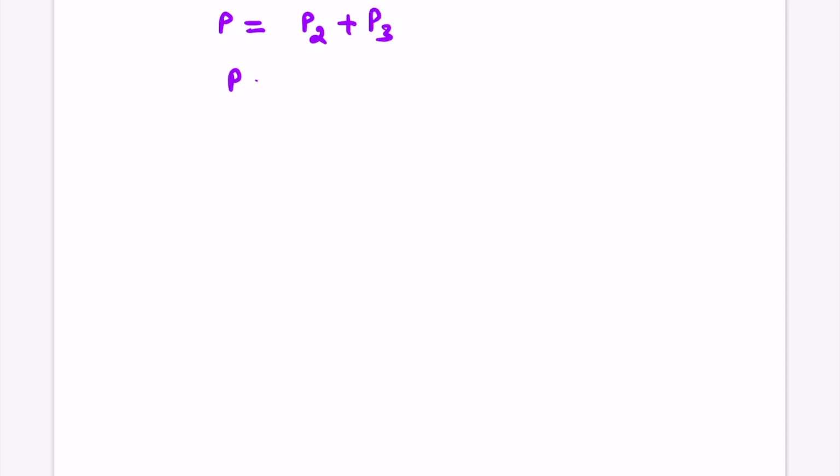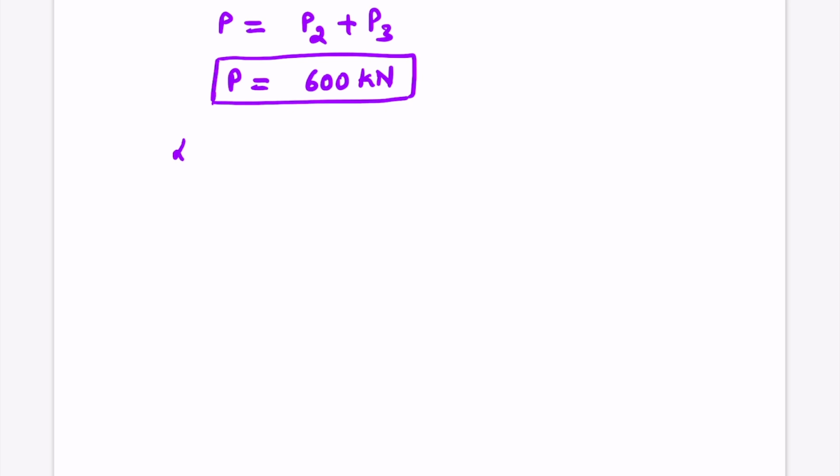So total force due to which the loss will occur is 600 kilonewton in wire 1. So we'll use the same formula here. So loss of stress in wire 1 will be m into Fc.